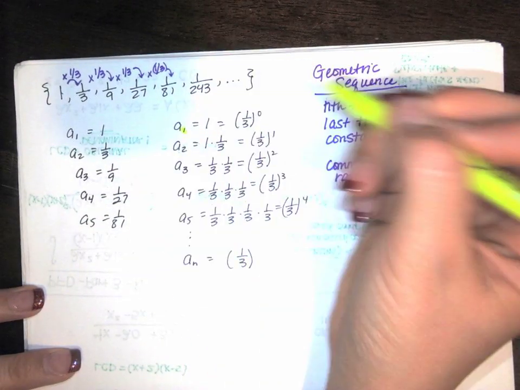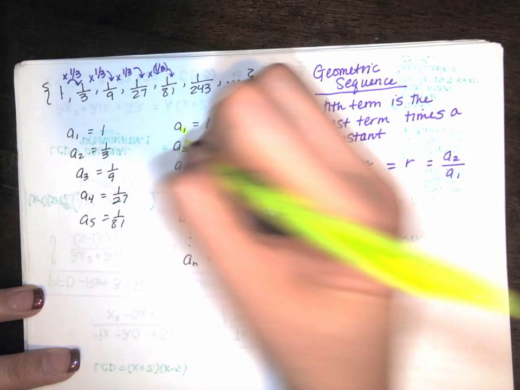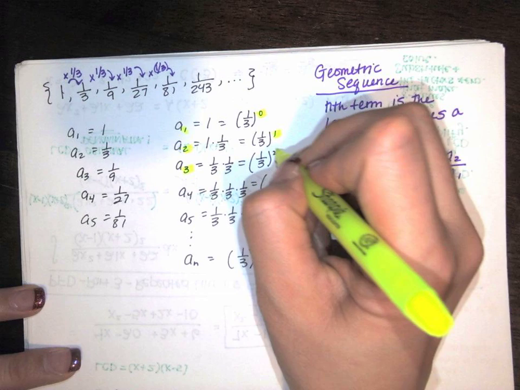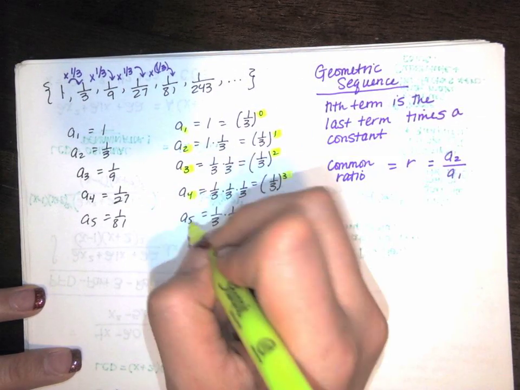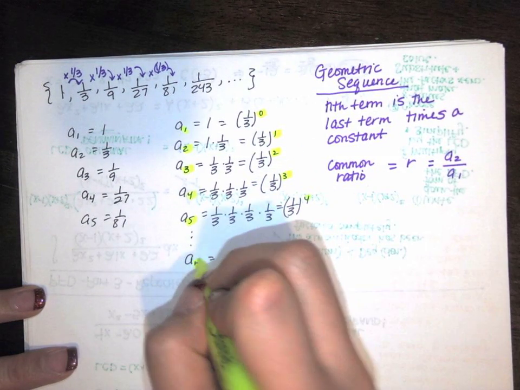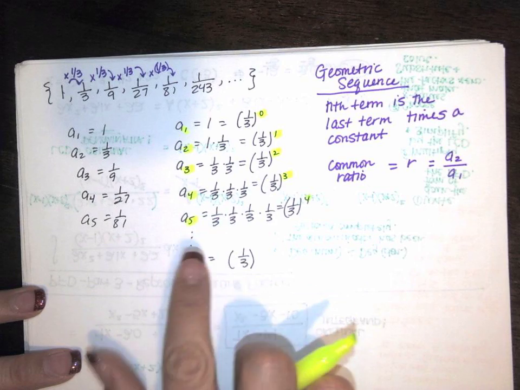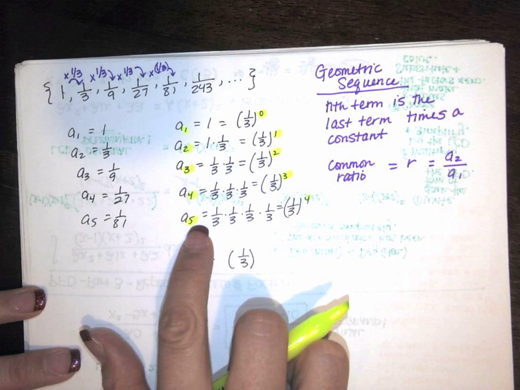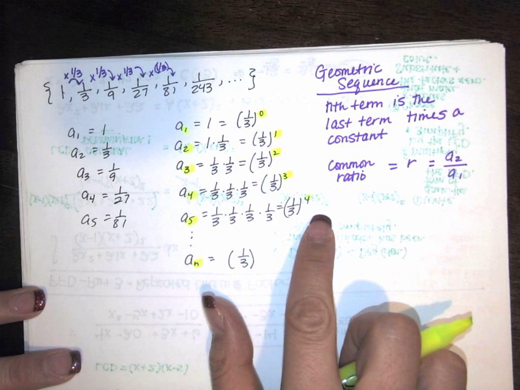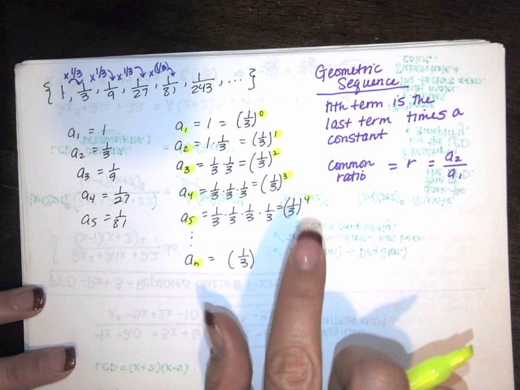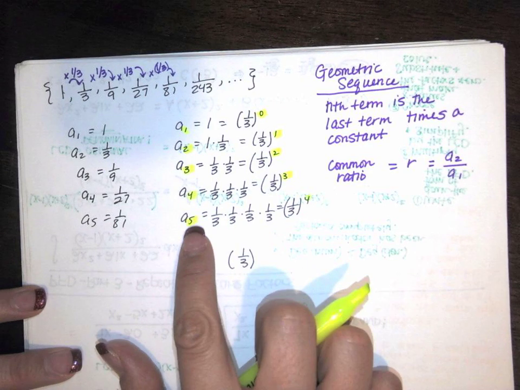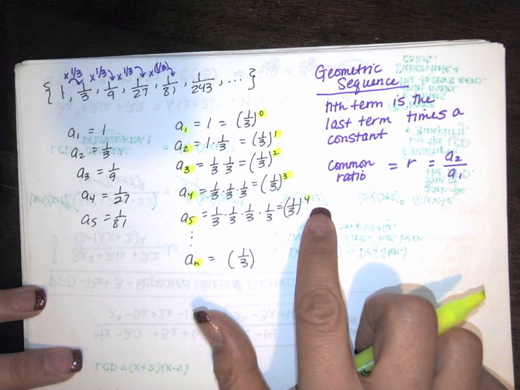When n equals 1, my exponent is 0. When n equals 2, my exponent is 1. When n equals 3, my exponent is 2. 4, it's 3. 5, it's 4. What about when it's n? What's the relationship between that subscript and that exponent? I hope you said it's 1 less. Well, 1 less than 5 is 4.